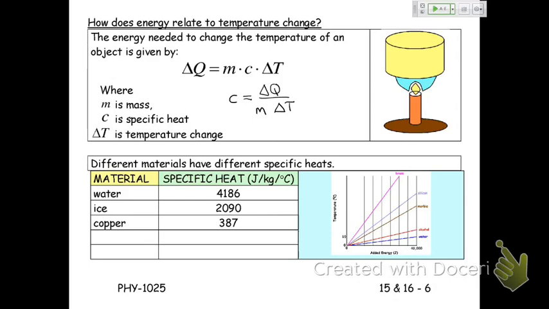And I find if I do that for iron, I'll get one value. I take iron, I want it to raise by 1 degree, I have 1 kilogram of it, I find I need that amount of heat to get it to happen.